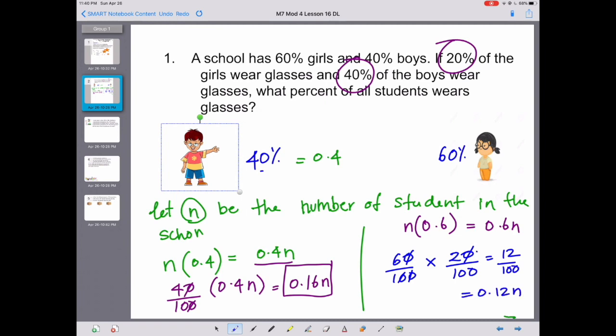Don't forget the n in here, and we get the same number. Okay, so you can use any way. You can use a fraction, you can use the decimal, a similar equivalent expression.